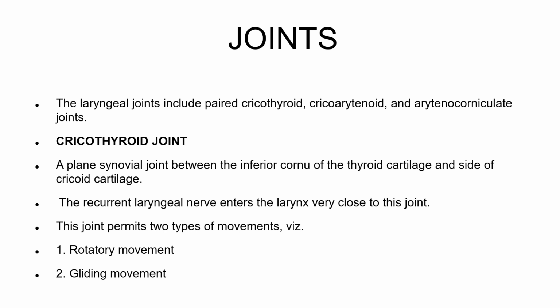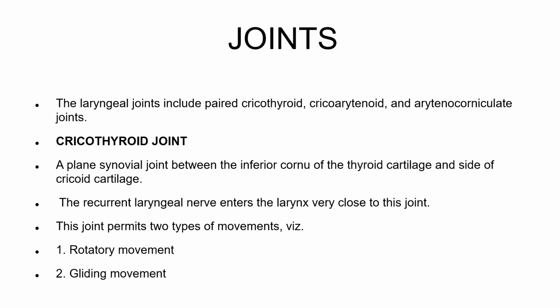It is present between the inferior cornu of thyroid cartilage and the cricoid cartilage, and only two types of movements are permitted at this joint, that are the rotatory and the gliding movement. Also, this joint is very important because the recurrent laryngeal nerve enters the larynx very close to this cricothyroid joint.